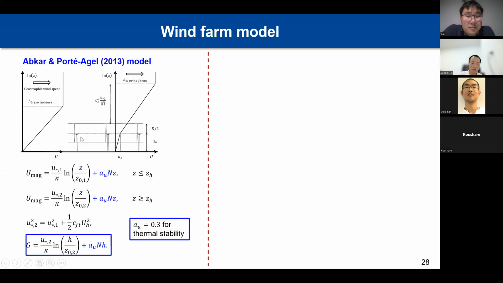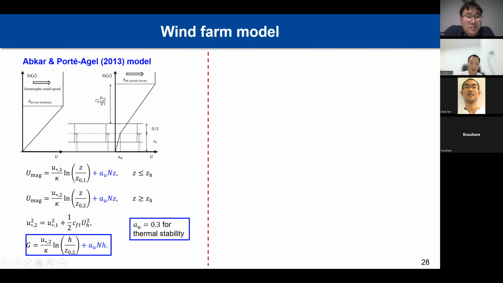Usually for wind farm flow, people will use a top-down model. That means they will assume a log law below and above the half height, as shown here. Because for CNBL flow, we already know that the thermal stratification in the free atmosphere can accelerate the flow, the real wind speed is larger than the log-law prediction.